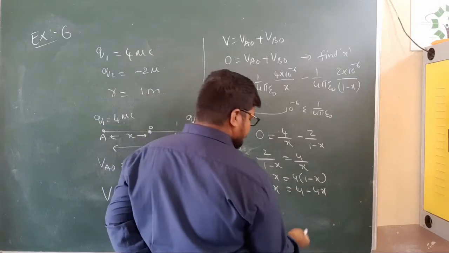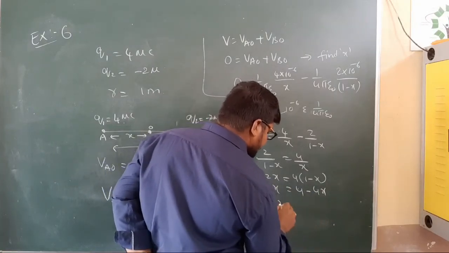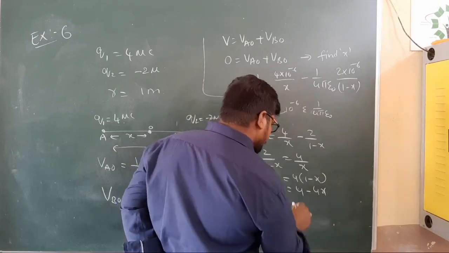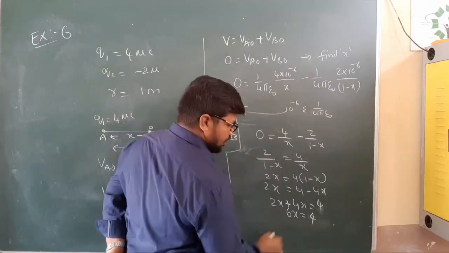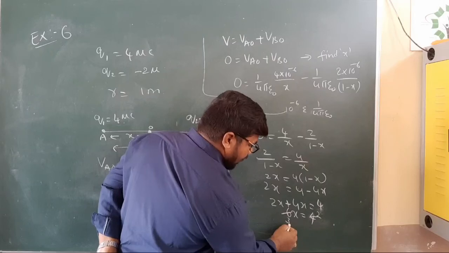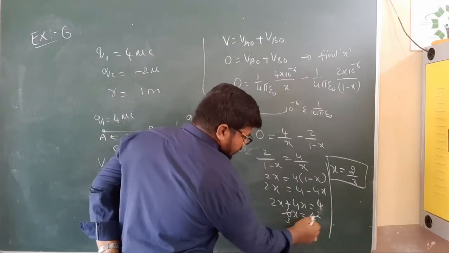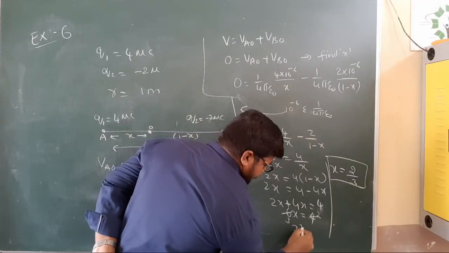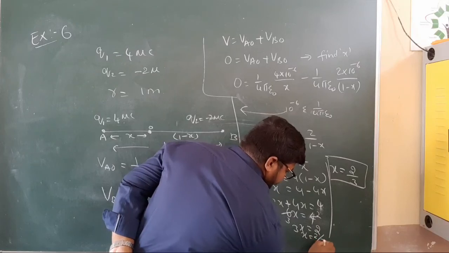Rearrange this: 2x plus 4x is 6x, equal to 4. After cancelling the common factor of 2, 3x is equal to 2. x is equal to 2 by 3.